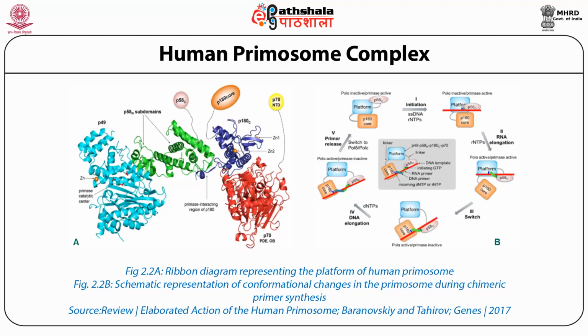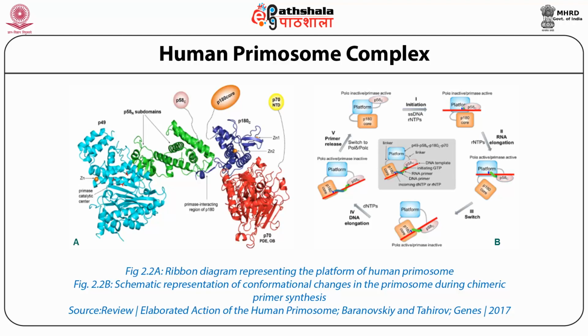Second step coincides with elongation of RNA primer, forming a short stretch of oligonucleotides formed of RNTPs. Thereafter occurs the event of polymerase switching.